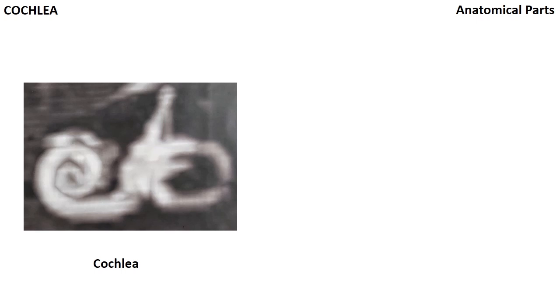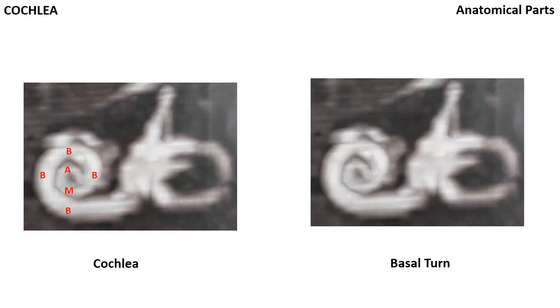As for the anatomy of the cochlea, as we all know, the cochlea is formed of the basal turn, and this basal turn encompasses inside it the middle and the apical turn. So we have a basal turn, then a middle turn, and then an apical turn. If we come to the basal turn itself, it is not one part only.